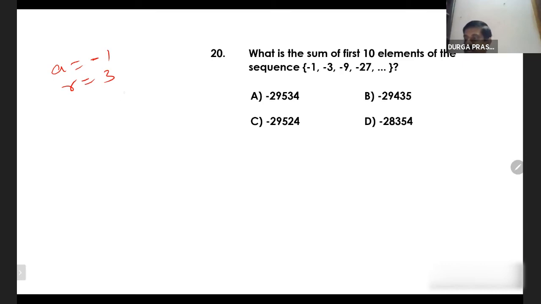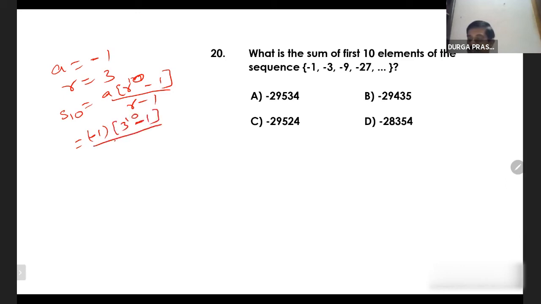Now he is asking you to find S10. What is the formula? A into R to the power n minus 1, divided by R minus 1, where n is 10. So that is minus 1 into 3 to the power of 10 minus 1, divided by 3 minus 1, that is 2.